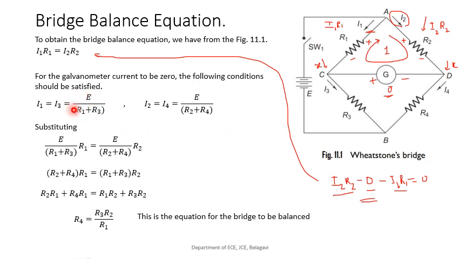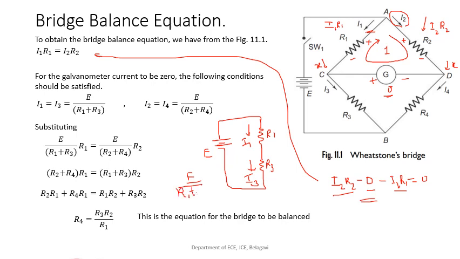I1 and I3 are flowing through these two resistances, R1 and R3, connected across a battery of value E. Since I1 is equal to I3 because there is no galvanometer current, you will get E by R1 plus R3.